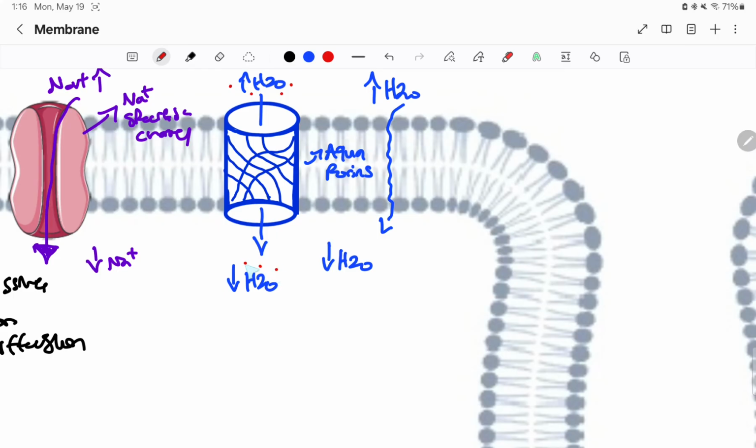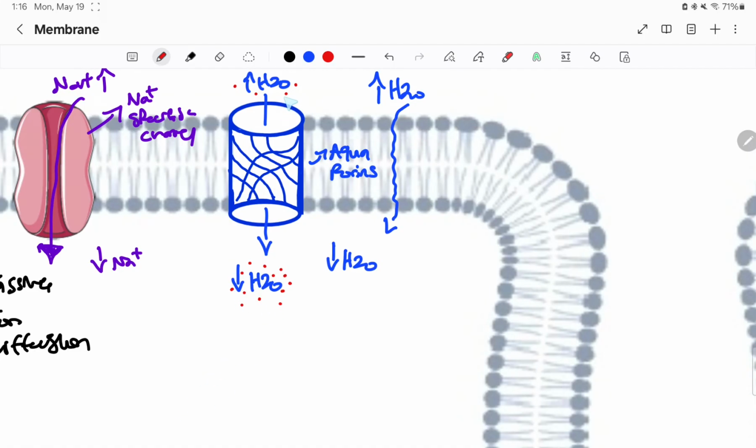But there are one, two, three, four, five, six, seven, eight, nine, ten, eleven, twelve, thirteen non-penetrating solutes there. Notice how the water is moving from an area of high water concentration and low solute concentration to an area of low water concentration and high solute concentration. The water always loves to do this. It's just a property of water.